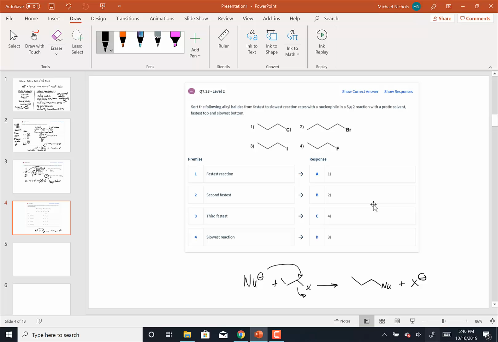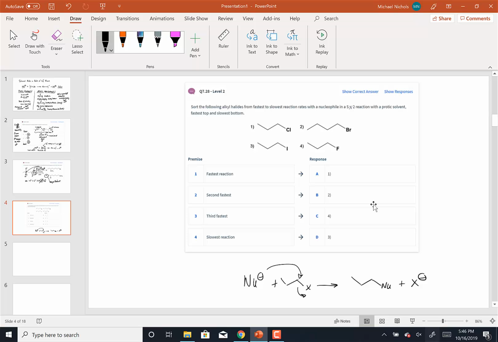So the real question here is, which of these halogens is the best leaving group? Well, I guess the question first should be, does the leaving group play a role in the rate of the reaction? And that's something that'll come into play in the next chapter.